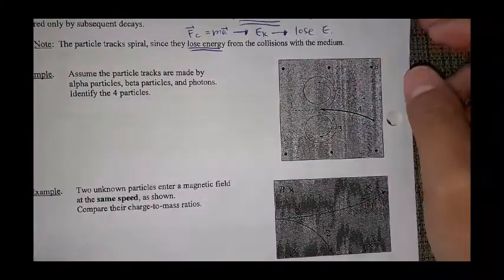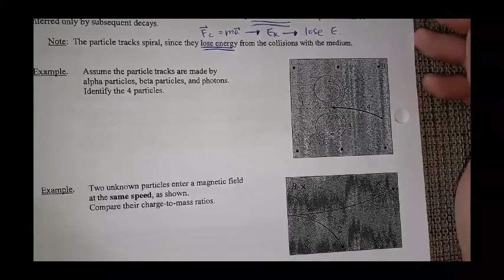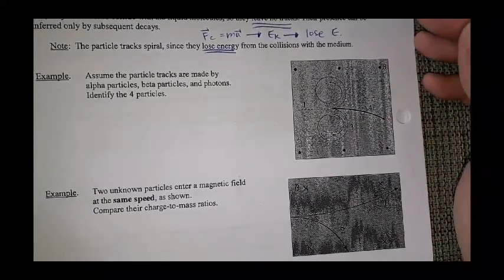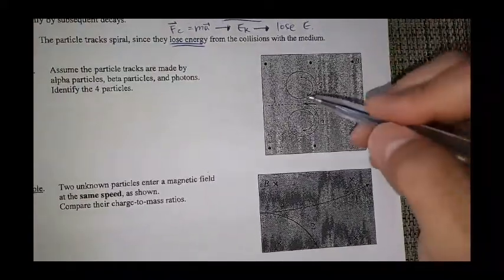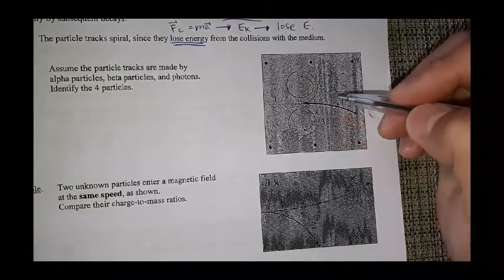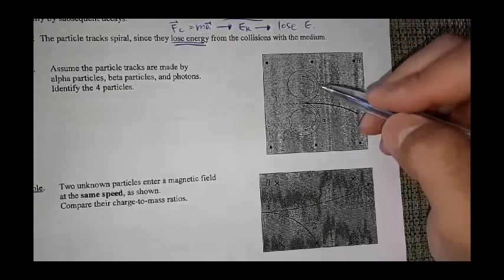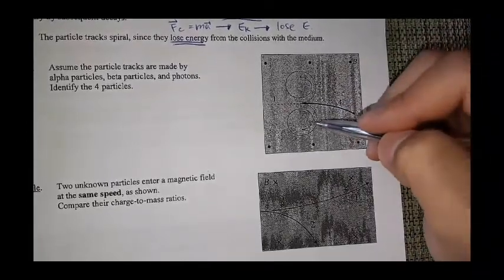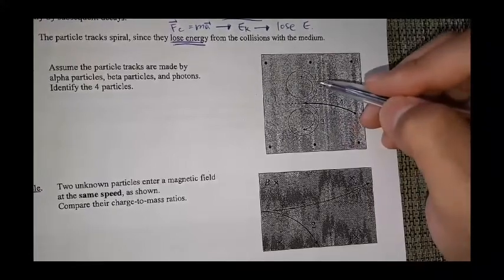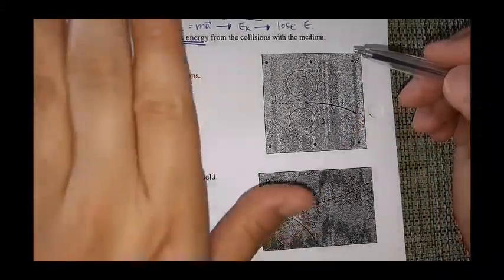So let's look at this. Assume the particle tracks are made by alpha particle, beta particle and photon. Identify the given 4 particles. So we have every direction that is given. First thing first. Number 2, the only circle that going upward compared to this 3 and 4, we can conclude that this is beta negative. The way that we can double check is using our left hand rule.